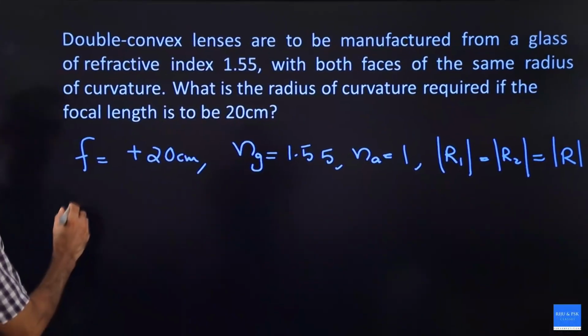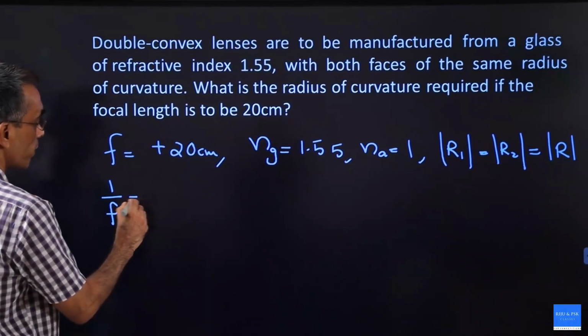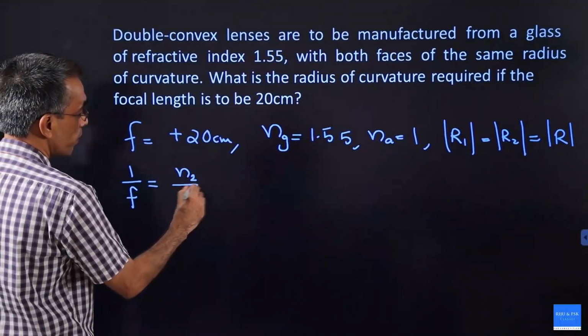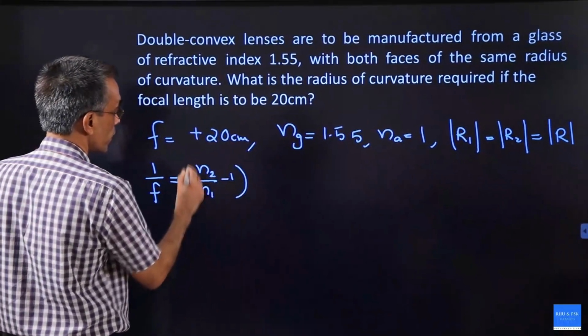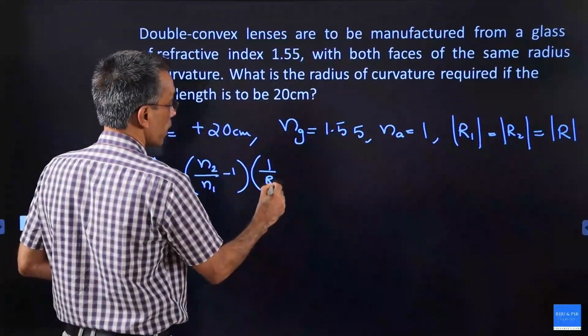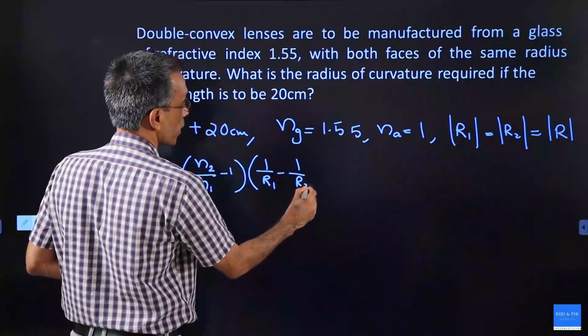Now let us apply the equation. What is the equation? 1 by f is equal to (n2 by n1 minus 1) times (1 by r1 minus 1 by r2).